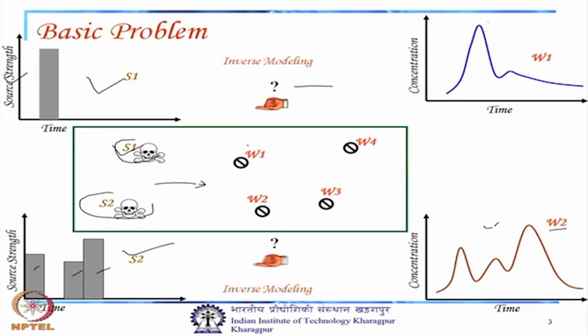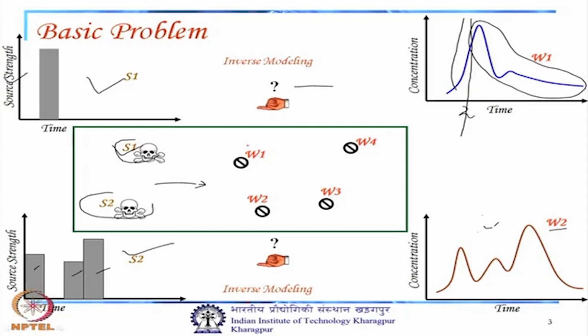Inverse modeling means we have the breakthrough curve, maybe only in a truncated sense. Truncated means, let us say we start monitoring at the end of the second year, so we will get only this part of the breakthrough curve.